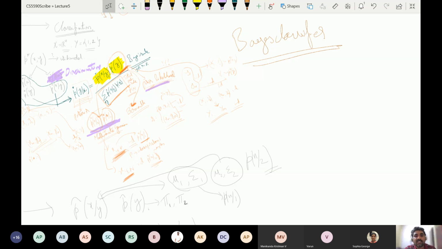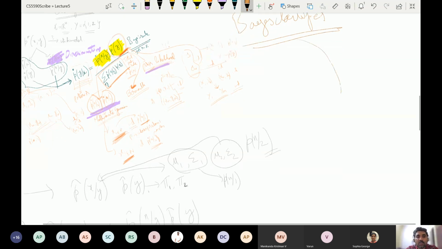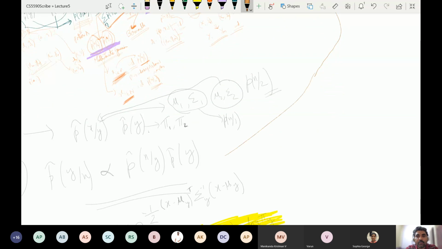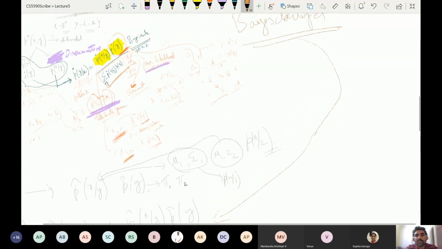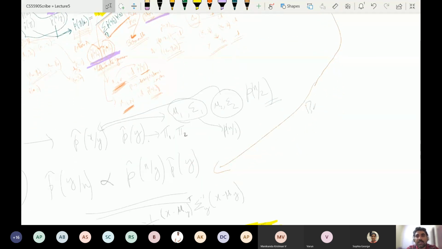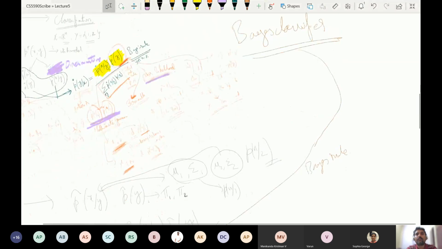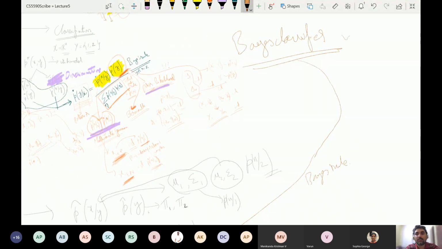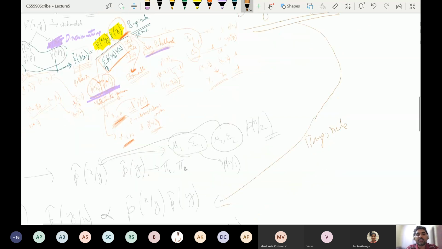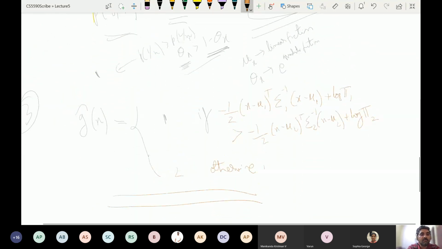It is called Bayes classifier because in the crucial second step, you use Bayes rule to compute the posterior. So the final function g hat is called the Bayes classifier.